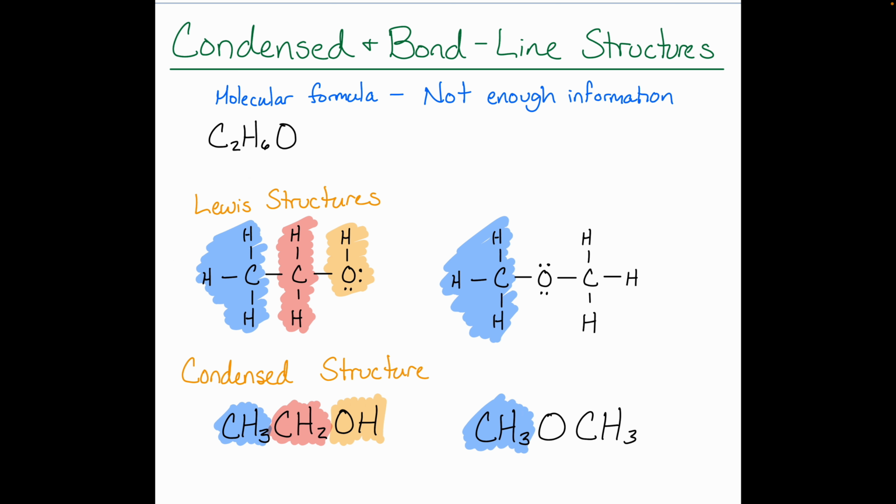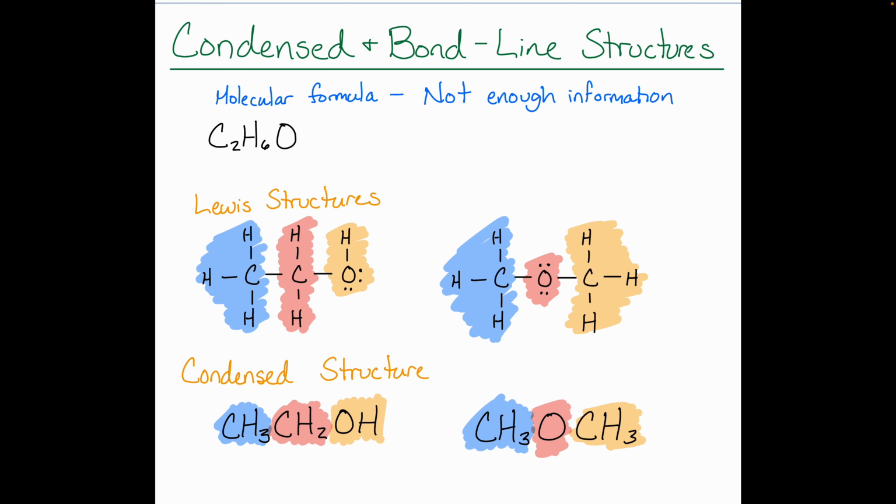Now we have that oxygen in the middle, that's our O. And lastly, on the other side, another carbon with 3 hydrogens, or a CH3. So we would use a different condensed structure to represent these two different molecules, representing that same structure in this bit of shorthand.